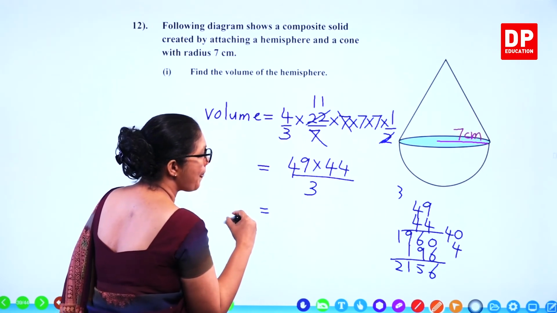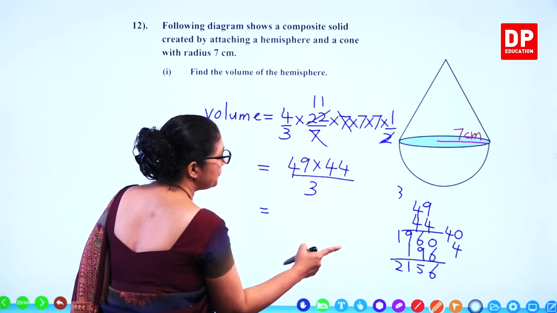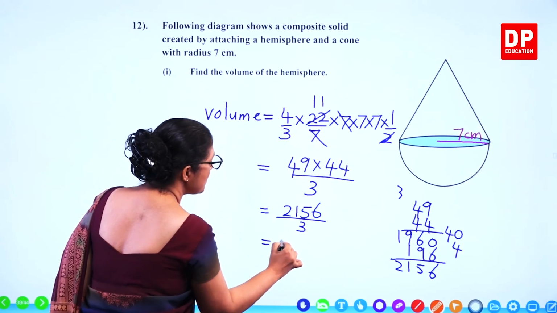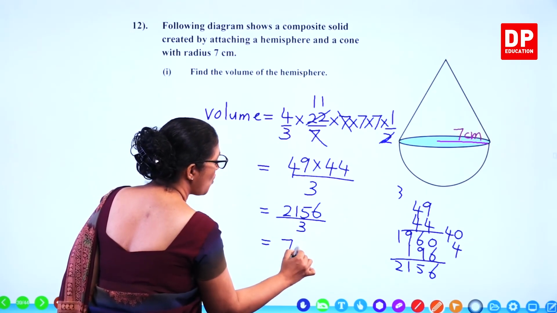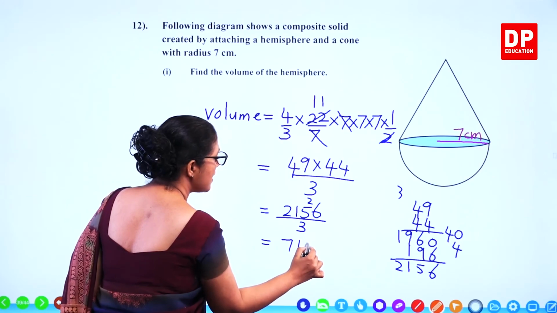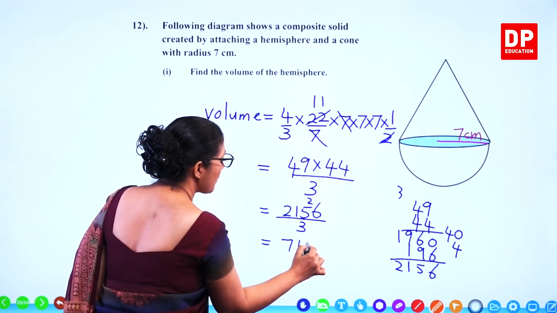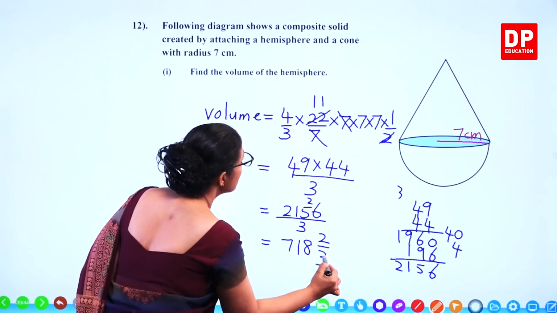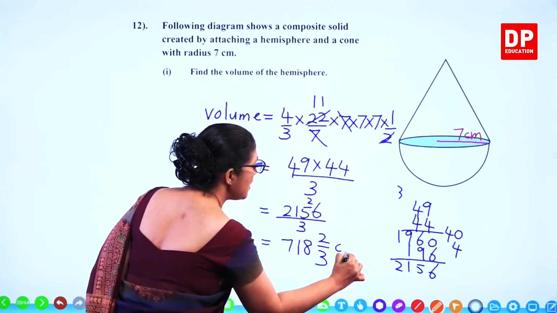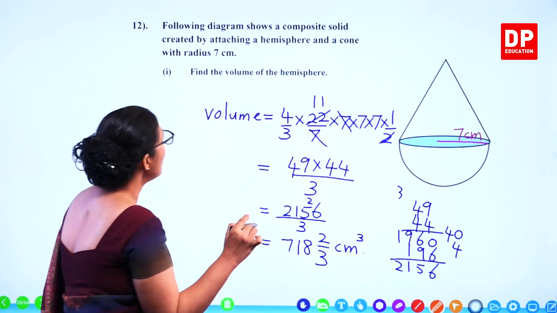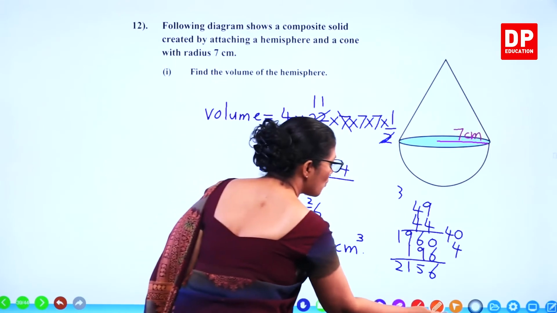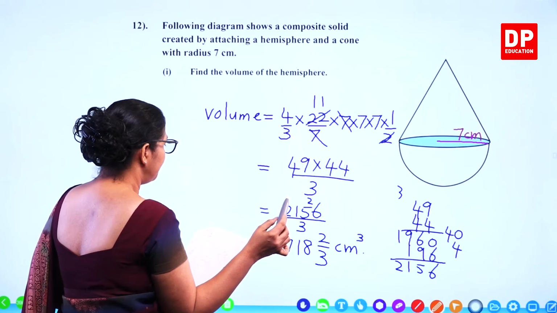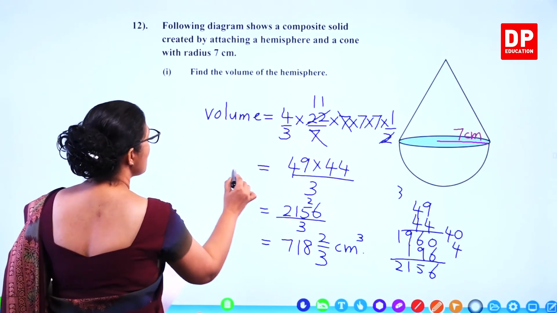Divide by 3. So what's the value? 3 times 7, 21. 3 times 1, 3. For 26, that's 3 times 8, 24, and 2 remaining, 2/3. So this is in cubic centimeters. So that's the volume of the hemisphere. So how many marks for that? You are getting 3 marks for that.